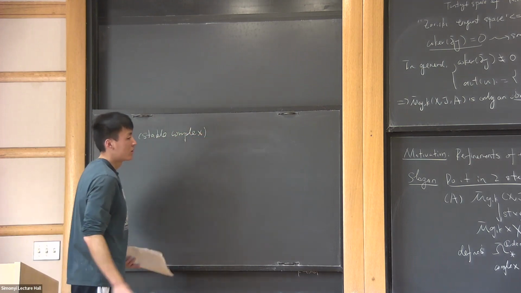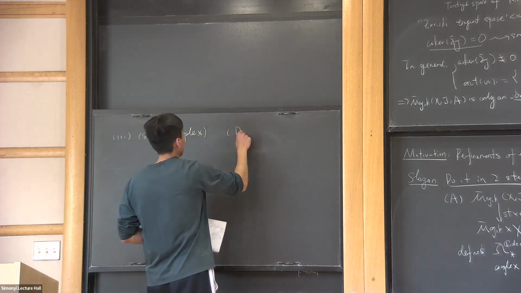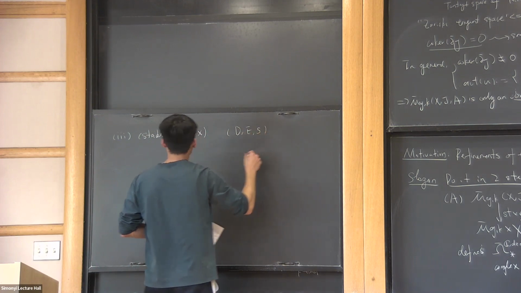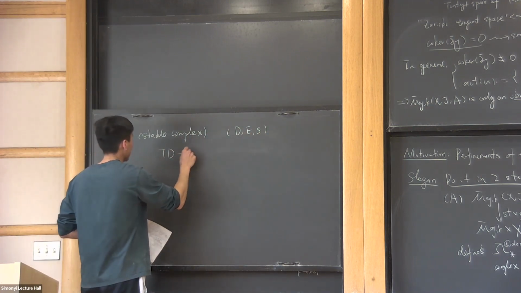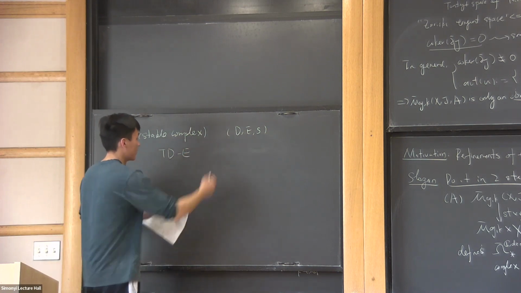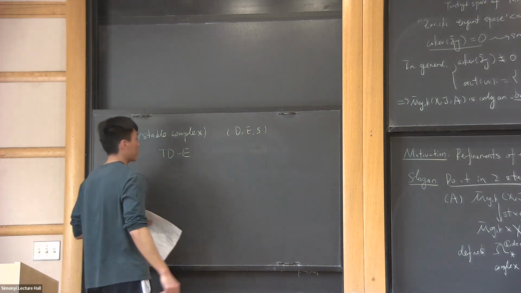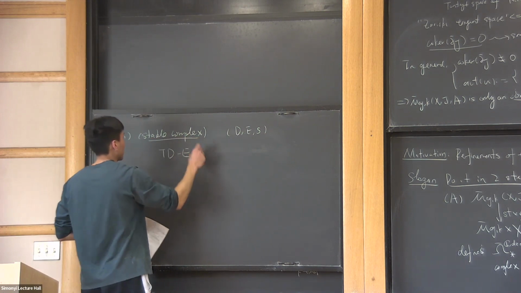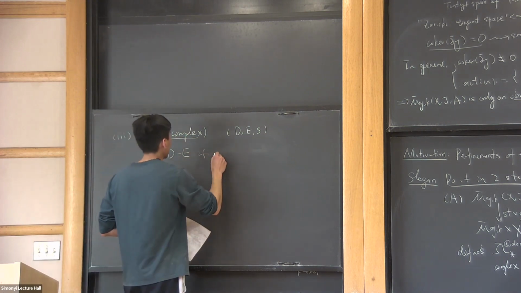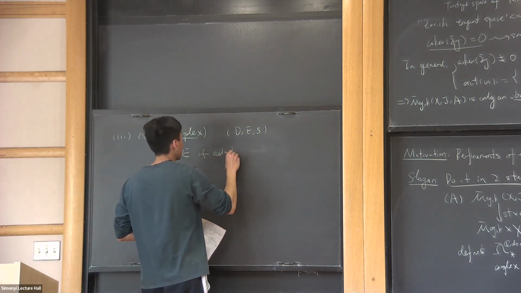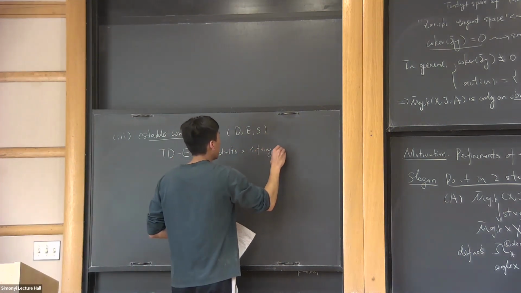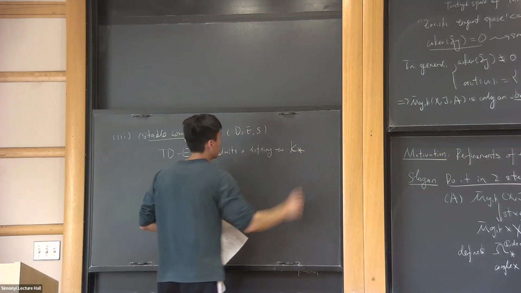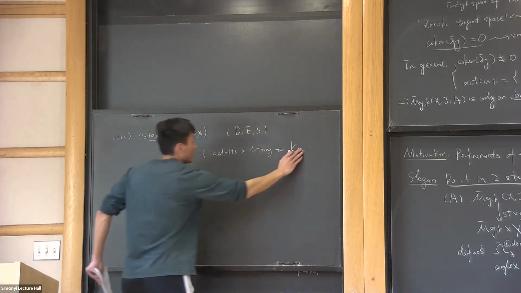It means that we still look at this chart. Then we have two vector bundles there. The first one is given by the tangent bundle of the ambient orbifold. The other one is given by this obstruction bundle here. It's called stably complex if it admits a lifting to K0.